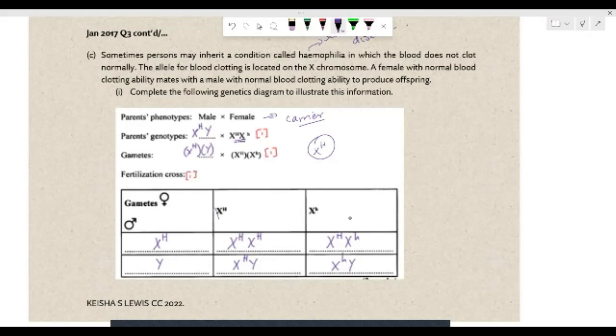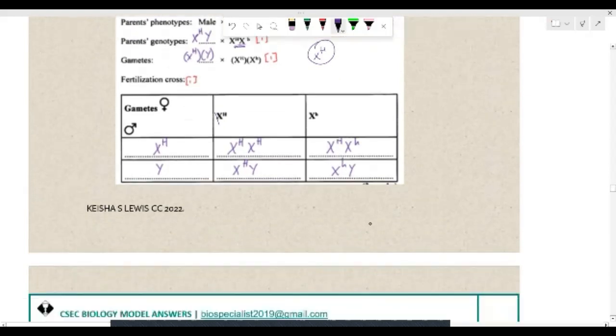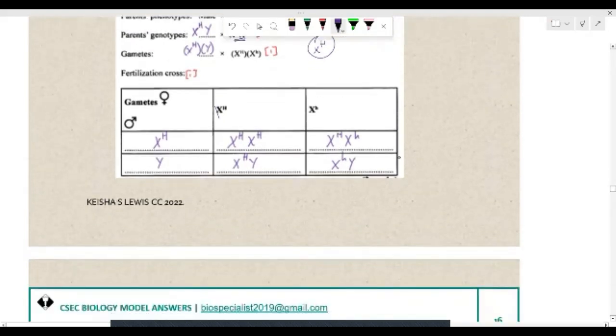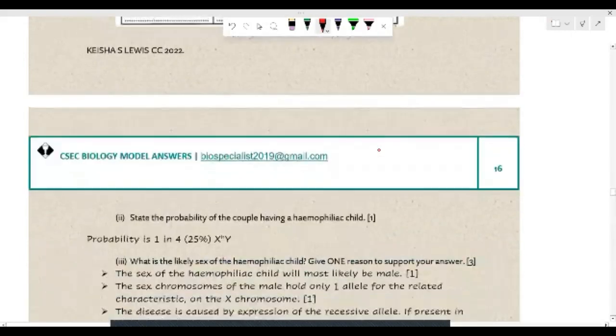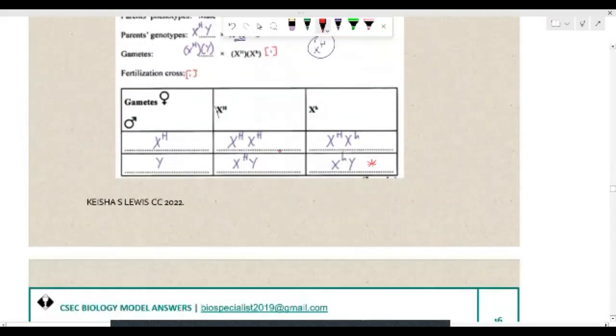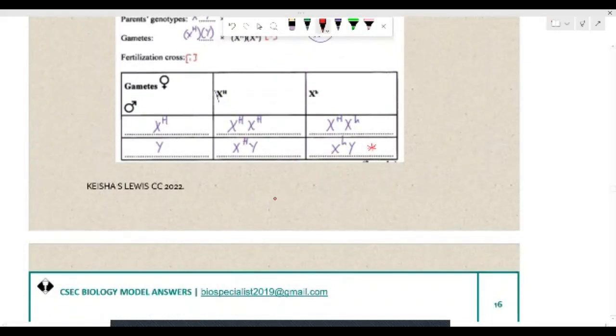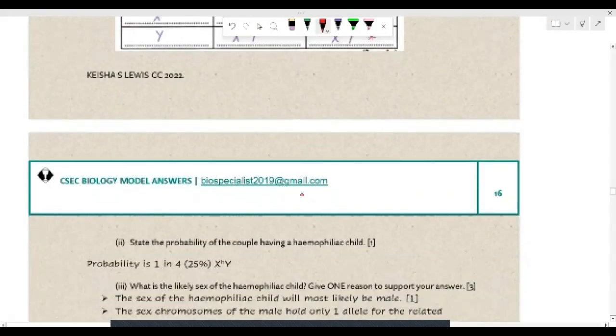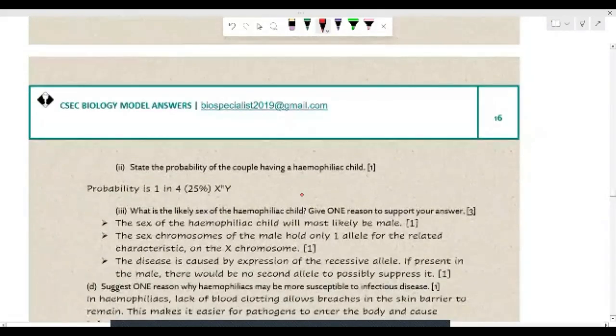You cross everybody, and you end up with basically this guy is going to be hemophiliac, right? A chance of the boy being hemophiliac. And the probability of having a hemophiliac child is 1 in 4, because of all the children, excluding gender, you have 4 possibilities, and 1 in 4 is hemophiliac, all right?